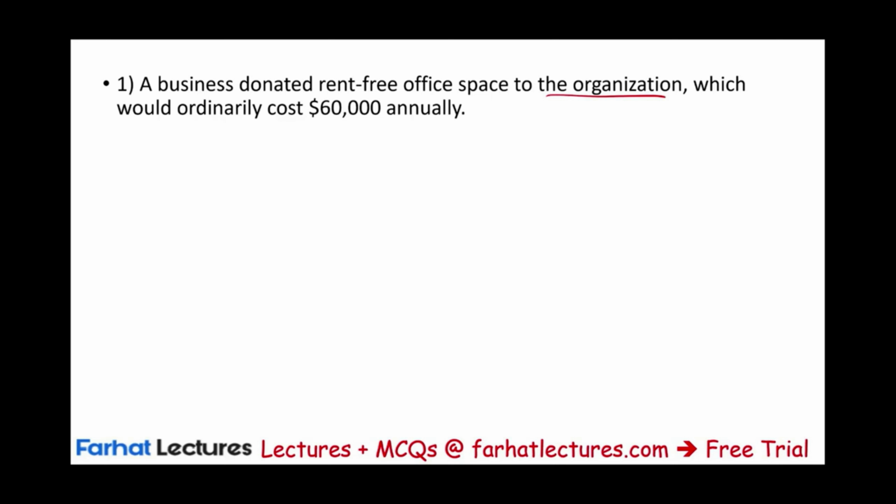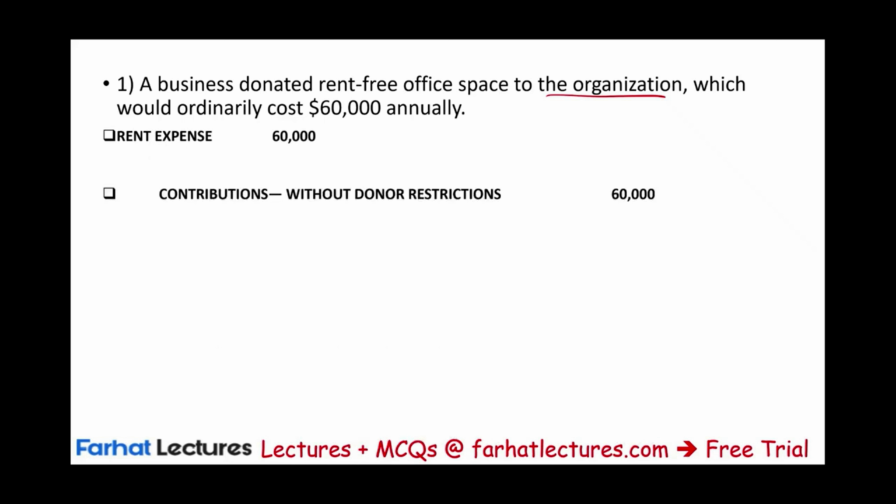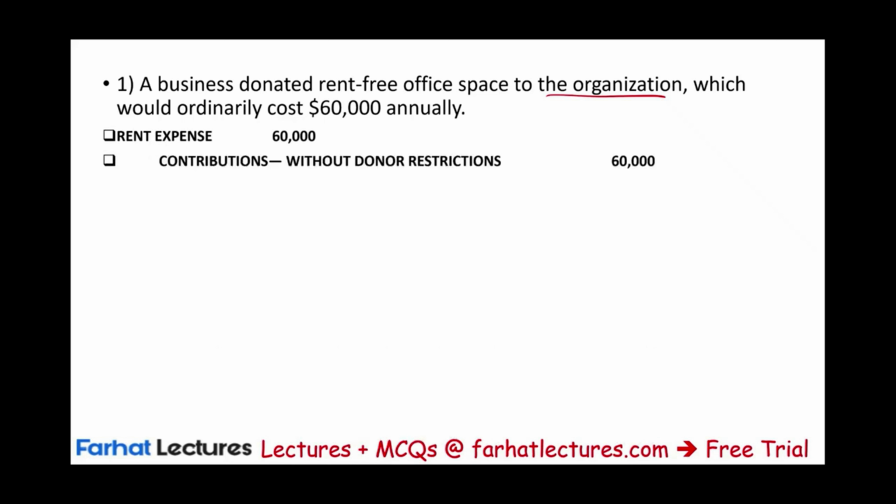So is there a journal entry for this? Yes, this is providing something for free. It's a donated rent-free office, basically a donated service. Well, we're going to debit an expense, rent expense, and credit contributions without donor restriction. Why without donor restriction? Because we're going to be using this space. Therefore, there's no donor restriction.